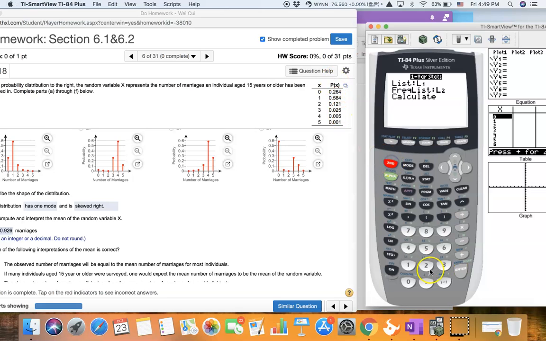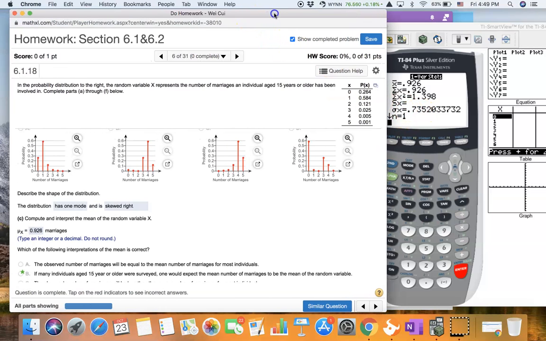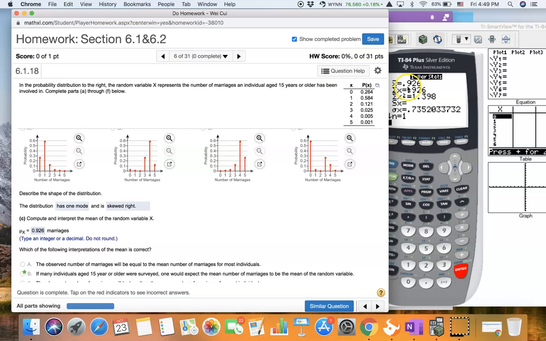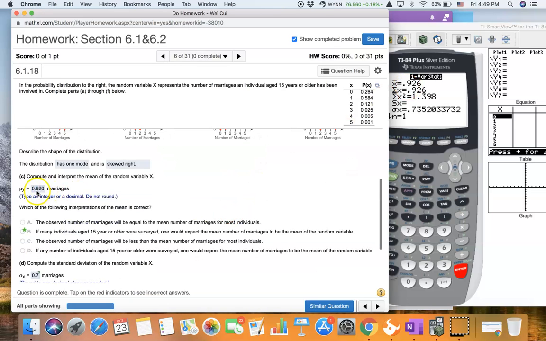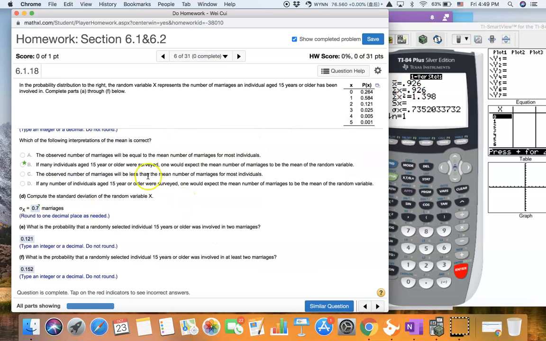So that's list 2, and then we click on enter. So this will give us the mean and the standard deviation. The mean is 0.926, and the standard deviation is 0.7.